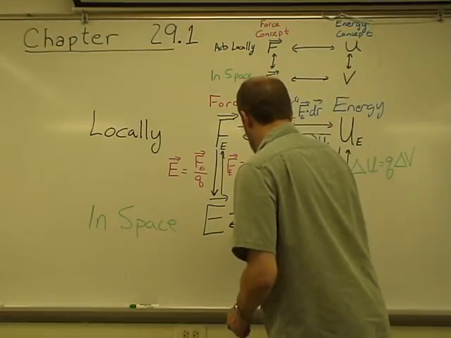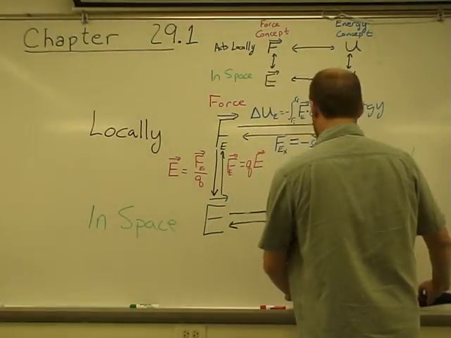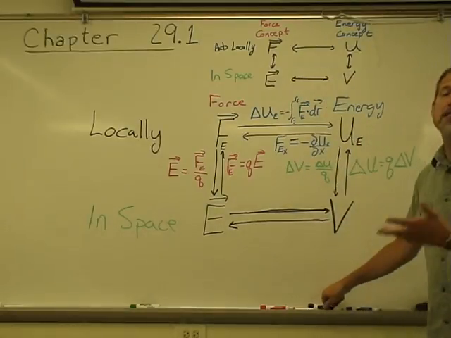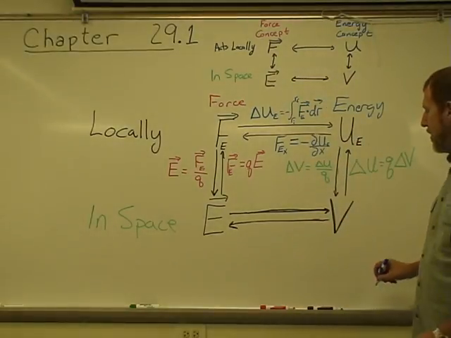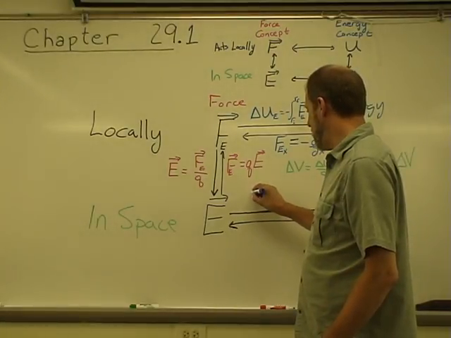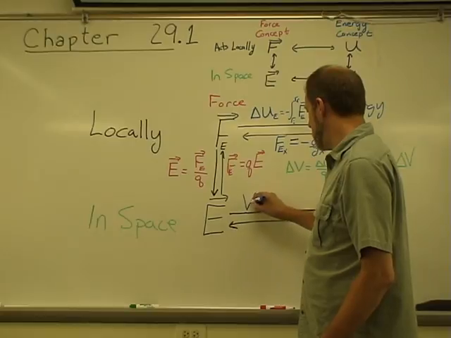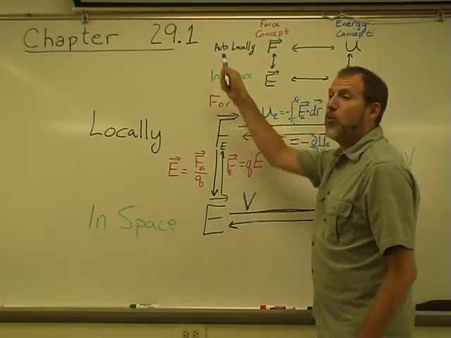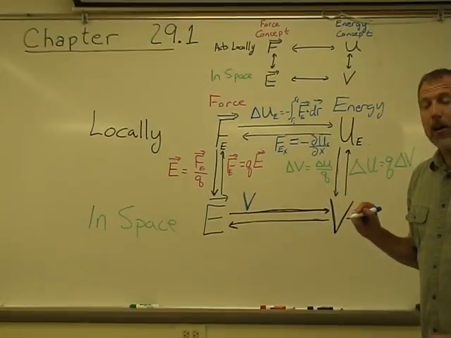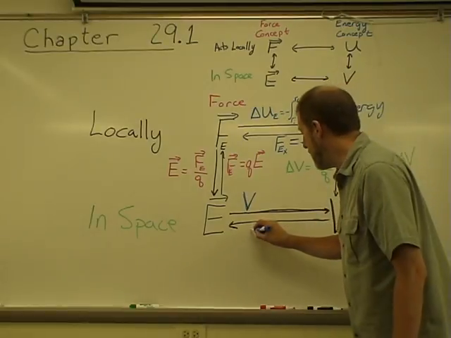Let me change these colors again so that hopefully you're looking at this on the image. Using different colors hopefully makes it stand out more easily. As we'll see in 29.2, the other direction is slightly more complicated because it uses integration.